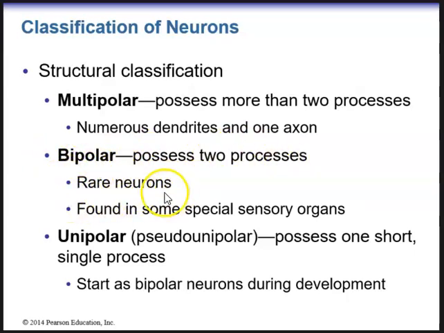These are very rare neurons, and they are found in some special sensory organs. And then we have a unipolar, also called pseudo-unipolar. So pseudo we know means fake. A unipolar or pseudo-unipolar neuron possesses one short single process. It does start as a bipolar neuron during development, and then at some point becomes a unipolar or pseudo-unipolar.